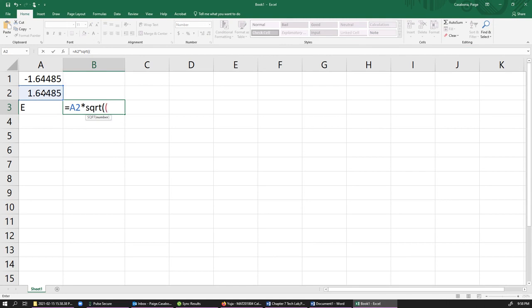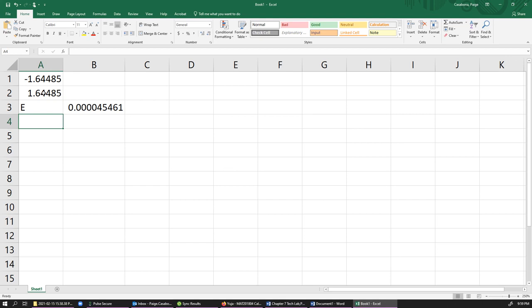For my p-value, I'm going to add some extra parentheses for the numerator, type in my p-value times the q, which is 1 minus that same number, close my parentheses for the top of the fraction, then divide that by 420,095, close the parentheses for my square root, and there's my formula. Bam. So this is my E value, my margin of error.